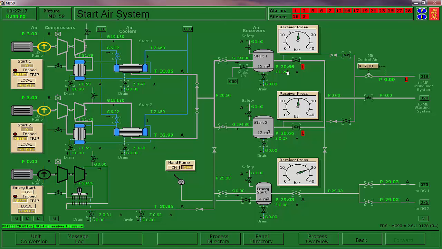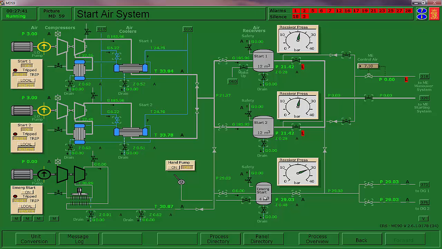And I'm doing so because if there was some sort of an incident that we lost all our start air, and these tanks individually are 3 or 4 times bigger than that emergency start, 3 times bigger. Whatever event would drain those, we don't want it to drain this emergency start tank.